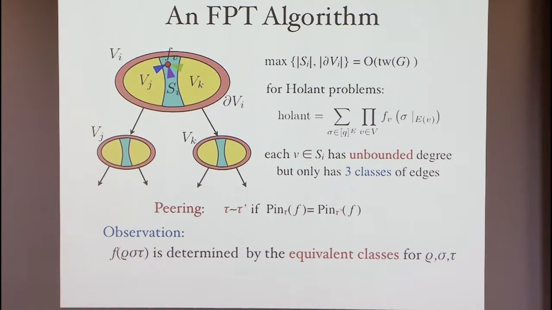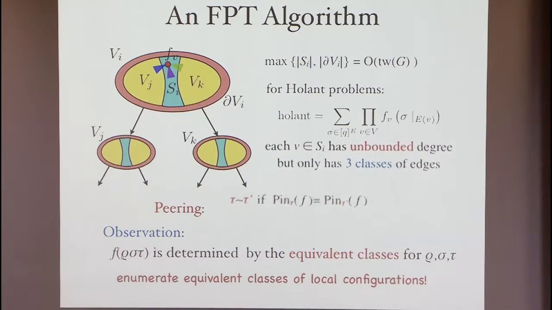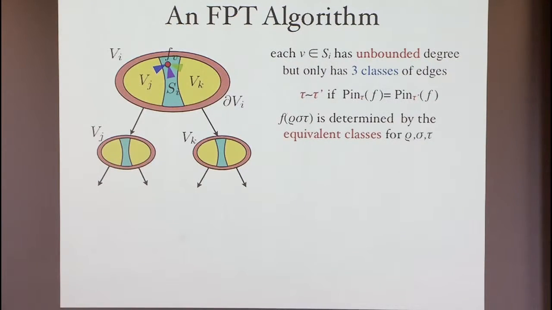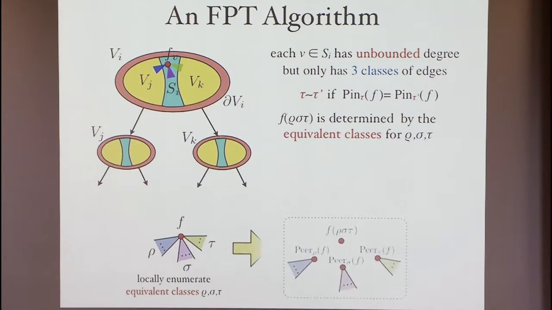So now you know what we should do, right? For each vertex in the middle, in the separator, instead of enumerating all possible local configurations of its adjacent edges, we enumerate the equivalent classes for three groups of its edges. So for the parity function, it's only 8 possibilities.